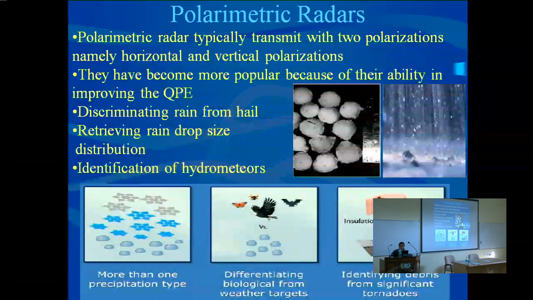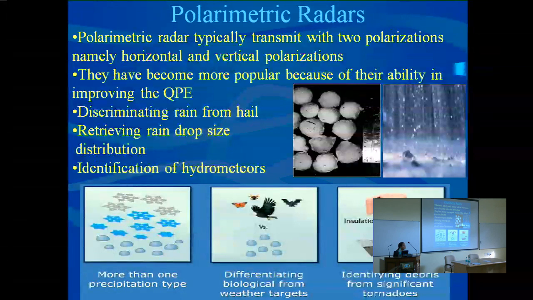Polarimetric radar typically transmits in two polarizations, horizontal and vertical, and has become more popular than single polarized radars in recent decades because of its higher ability for improved quantitative precipitation estimation, identifying hail and separating it from rain, and identification of various hydrometeors.